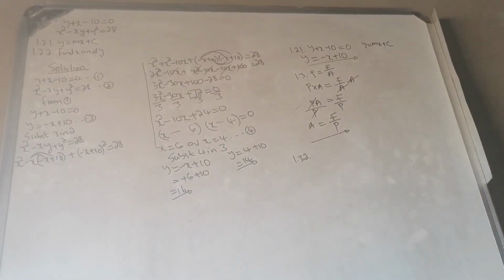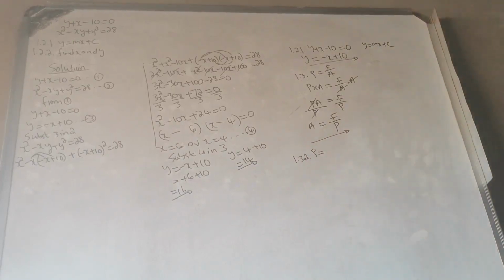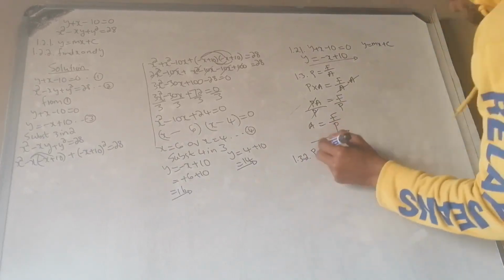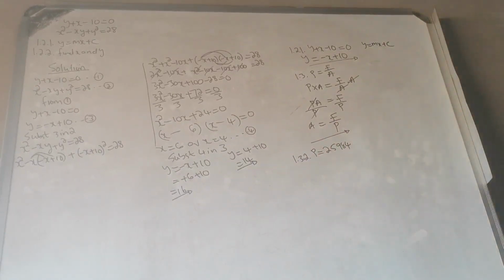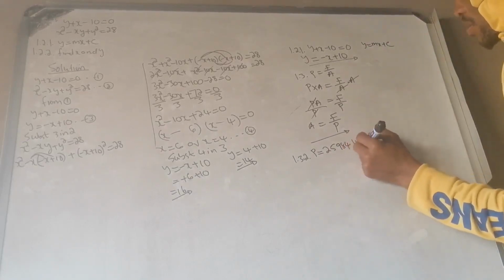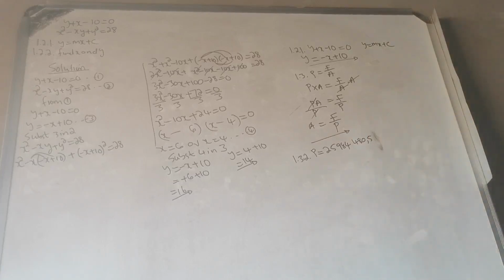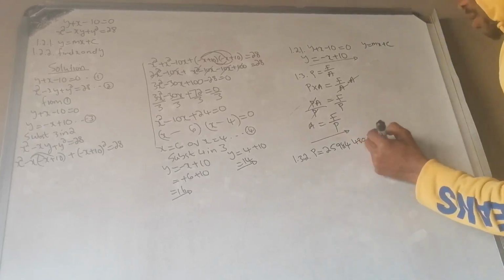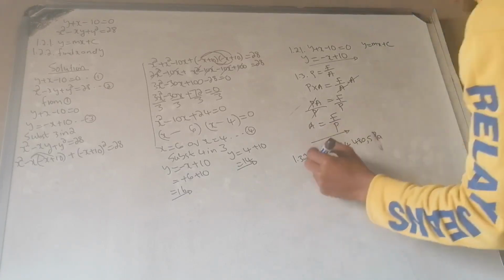Right. In 1.3.2, hence or otherwise, calculate the value of A if P equals 25,984,480.5, we are given the value of P, which is in Pascal, and then we have the force.